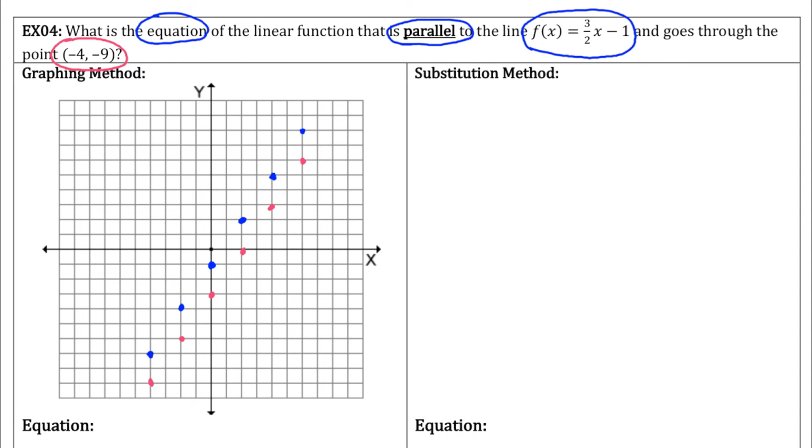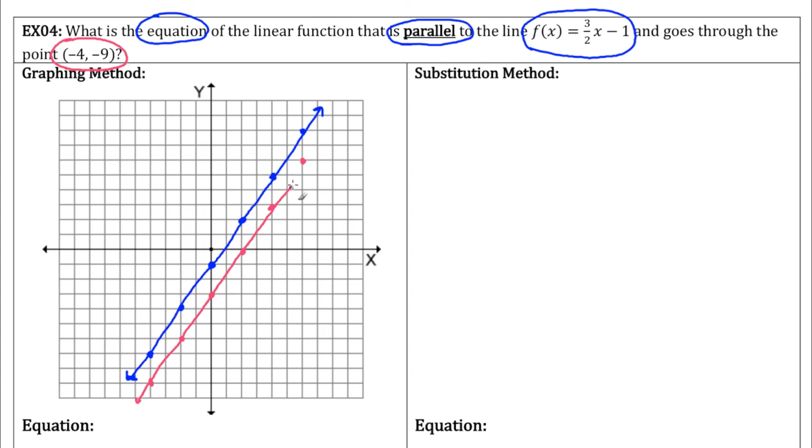So I will attempt to do this. My original one goes like this. And the line that's parallel and goes through -4, -9 goes like this.